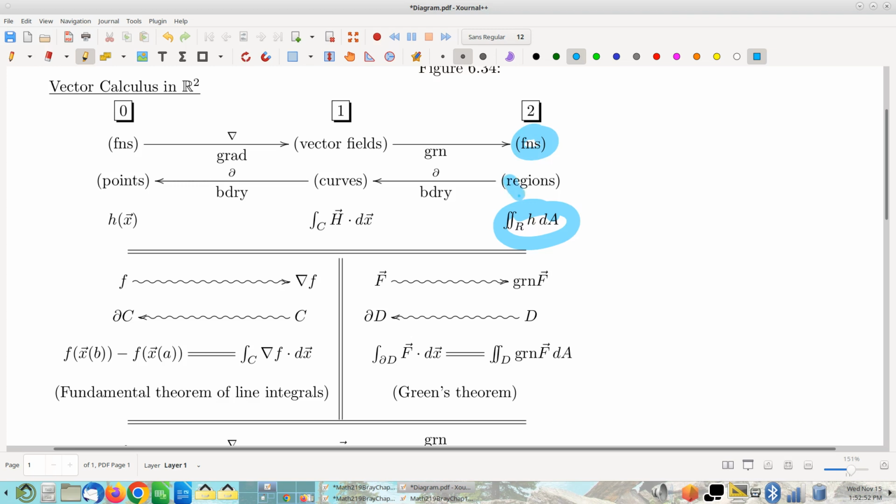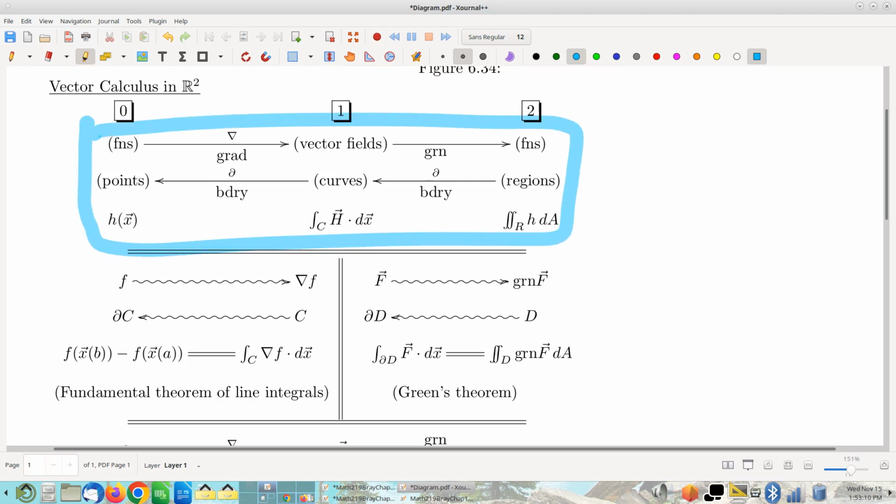Well, we do a double integral of a function over a two-dimensional region. And likewise, where do we do a vector line integral of a vector field? Well, we do it on a curve, etc. So the way the pieces fit together, as it turns out, is that it makes sense to organize these objects kind of like this. Is that good for everybody?